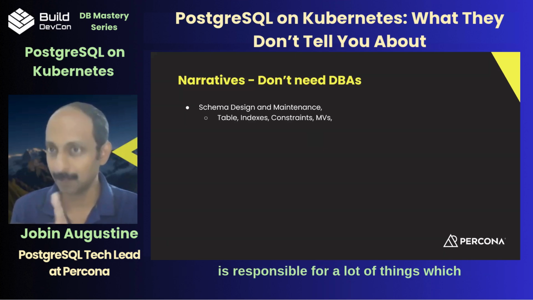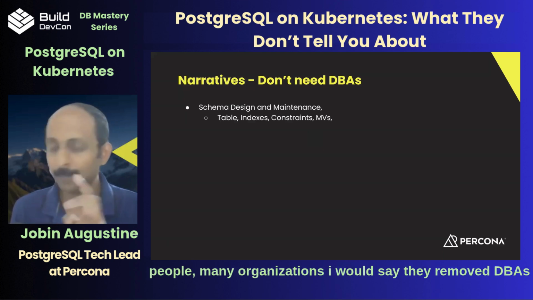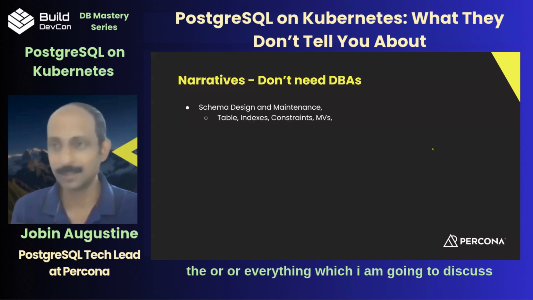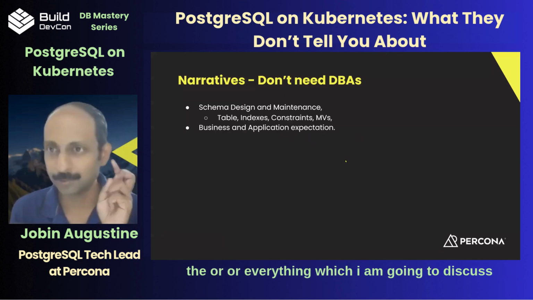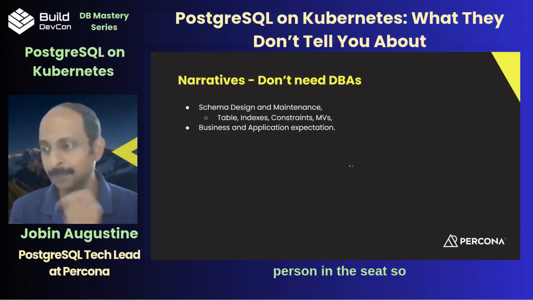The human operator is responsible for a lot of things, which we need to be very clear about. Without this clarity, many organizations, I would say, removed DBAs from the seat, and finally they got into trouble, because everything I am going to discuss will be affected if there is no responsible and knowledgeable person in the seat.